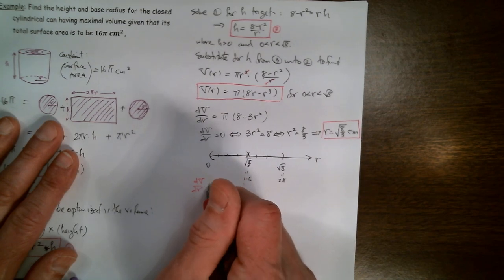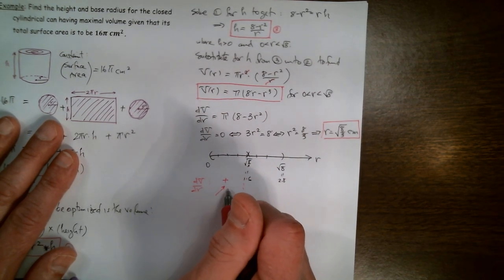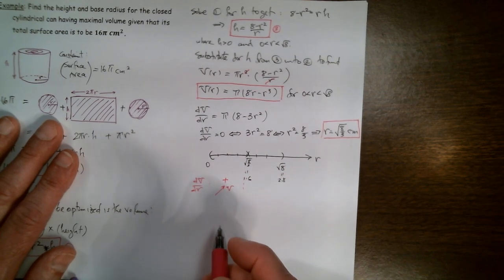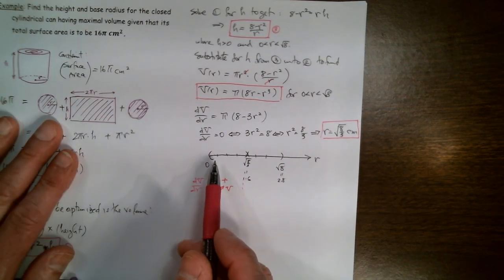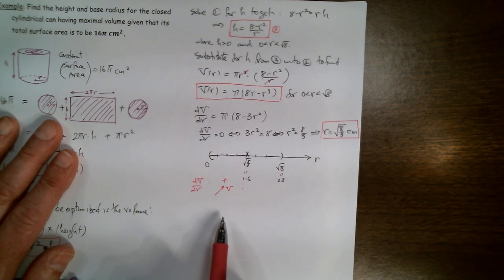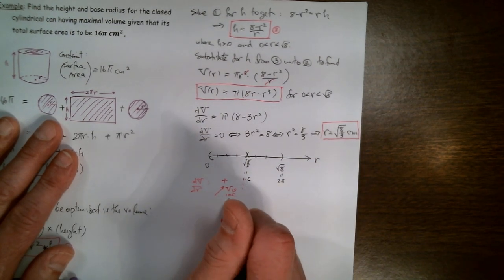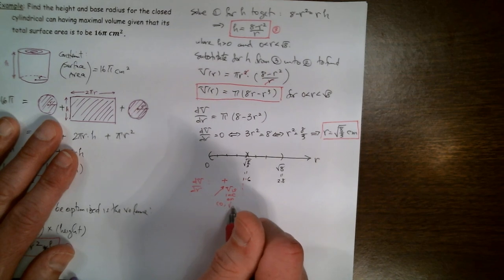It's positive. A positive derivative indicates that the volume function has positive slope for r going from 0 to root 8/3, and therefore the volume function is increasing on the interval from 0 to root 8/3.